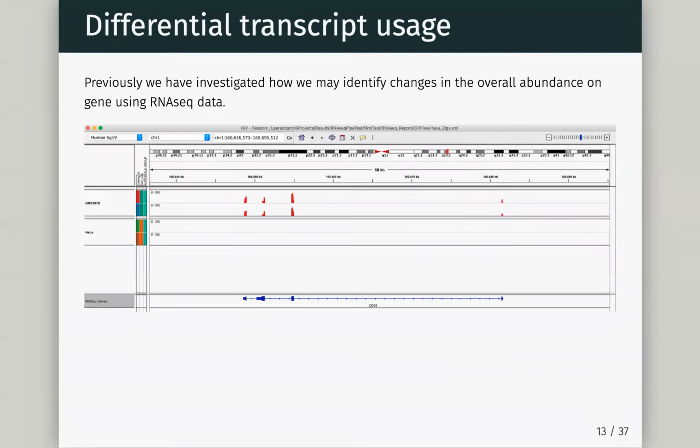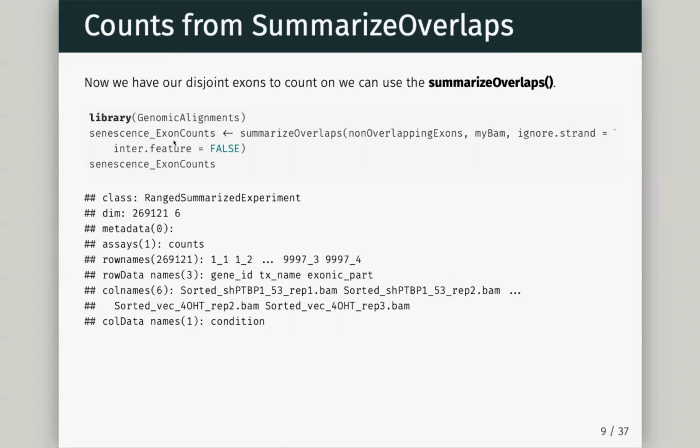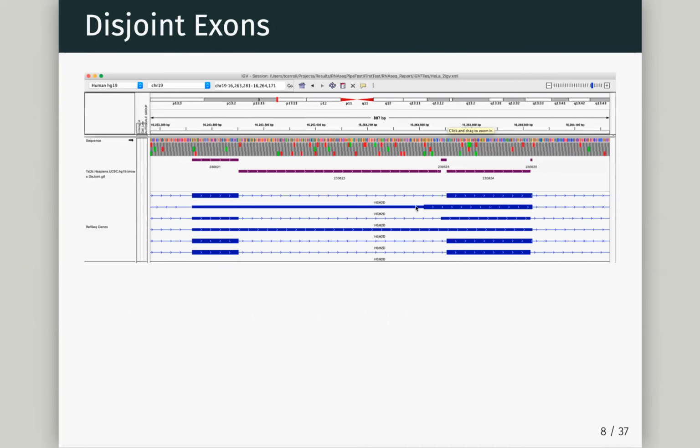Let me see if I've got any slides on that. We can see why. So inter.feature equals false is going to allow me to count reads which are in multiple exons. If a read belongs to multiple genes, so this read goes from one gene to another, I can't really be sure where that belongs. Okay?